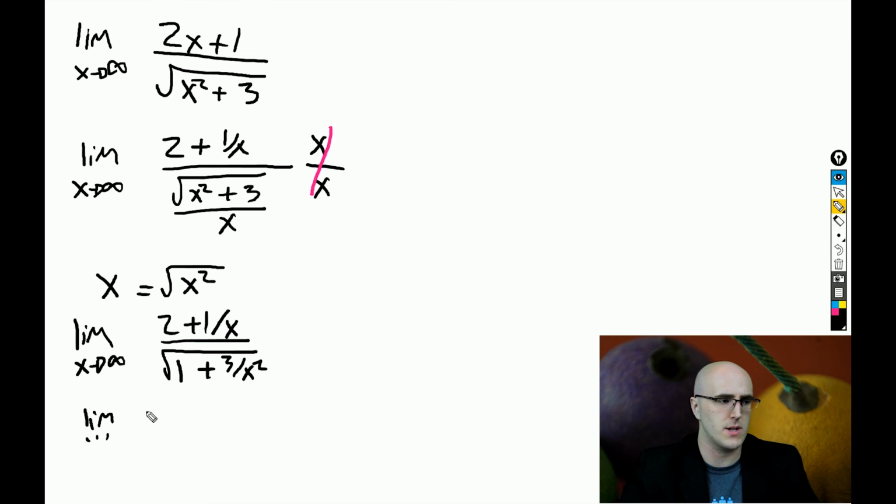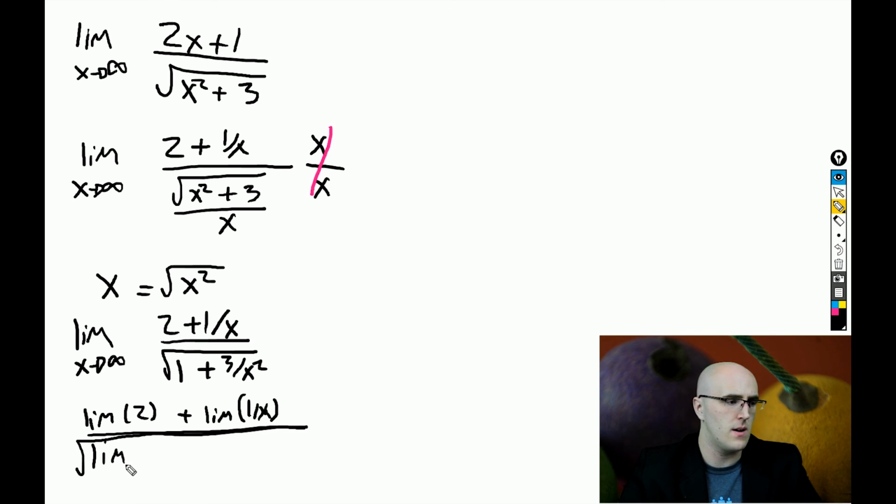That's just x approaches infinity of 2, plus the limit of 1 over x, divided by the limit of the square root of 1 plus the limit of 3 over x squared. All right, these are 4 limits that we can evaluate.